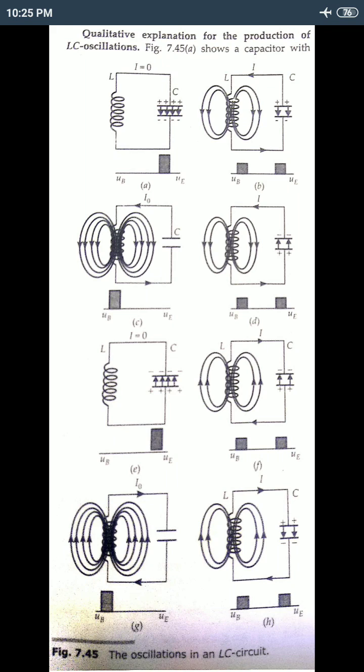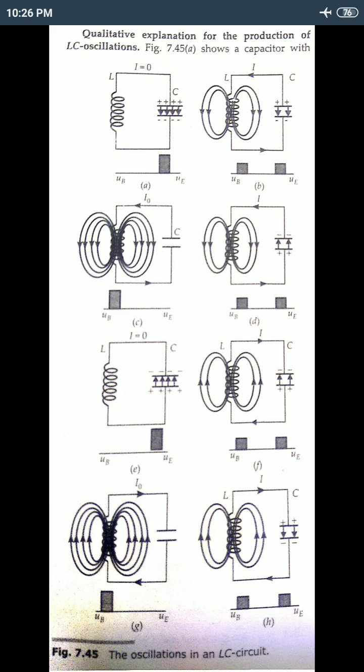After discharging, it now has 2 charges. It discharges through the inductor, and due to the current moving through the inductor, by electromagnetic induction, self-induction and mutual induction, the magnetic field linked with the coil also changes. That's why it causes a current I through the circuit, and its direction is C to L.